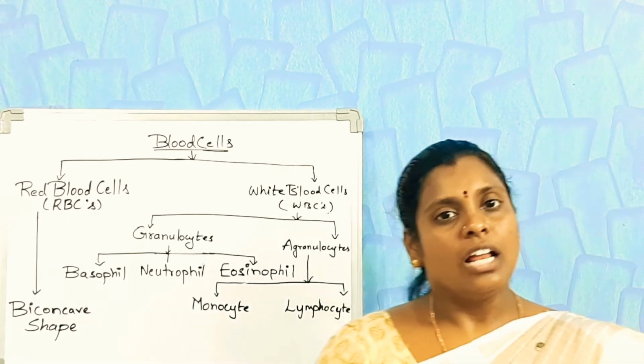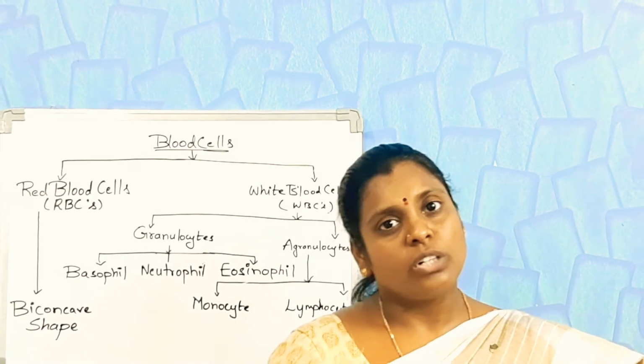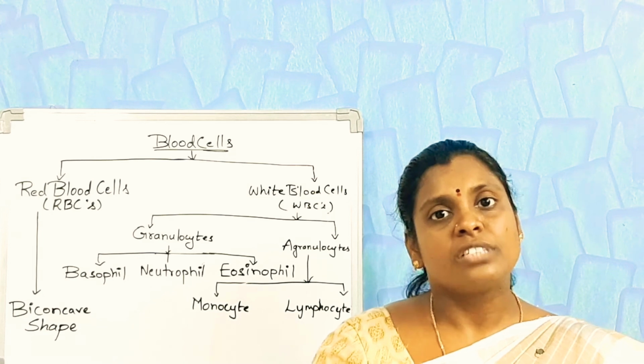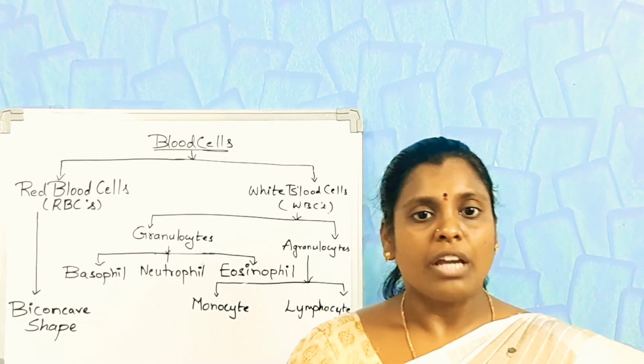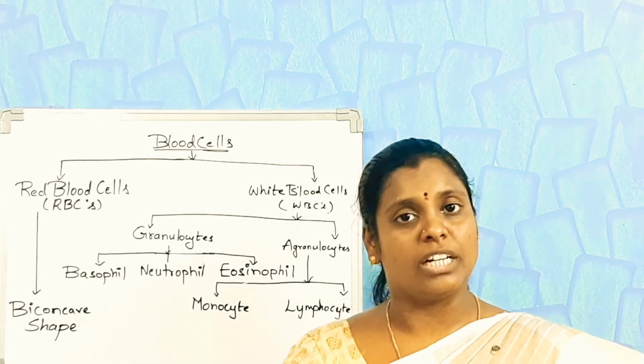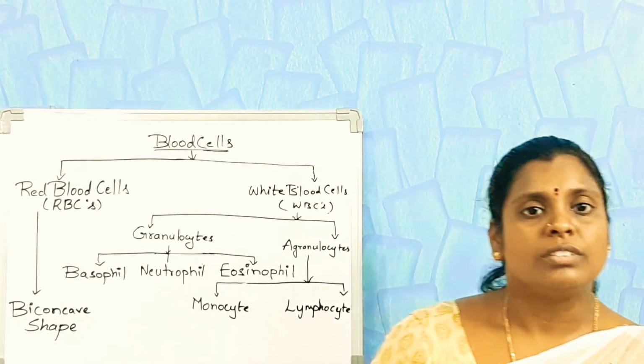Means in the leaf part you can see different types of cells from A to D. There are different types of cells present in the leaf or stem.